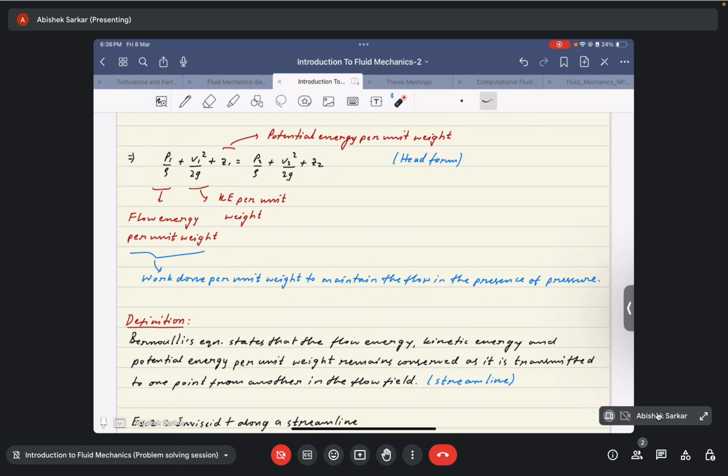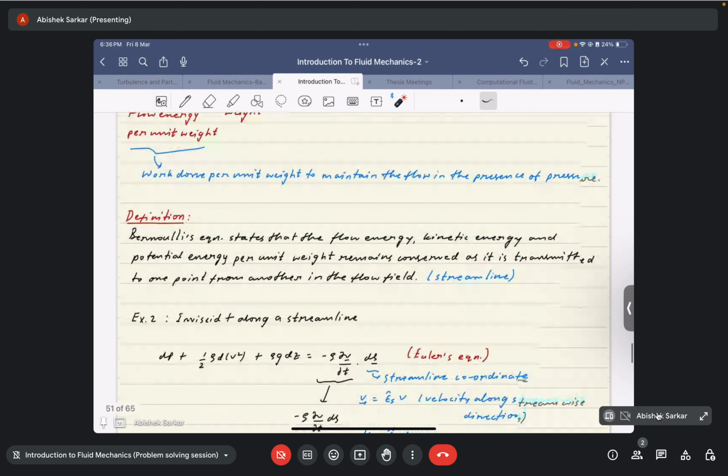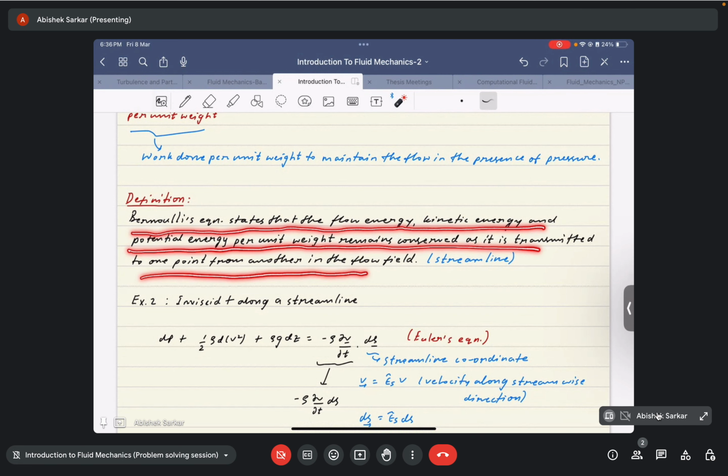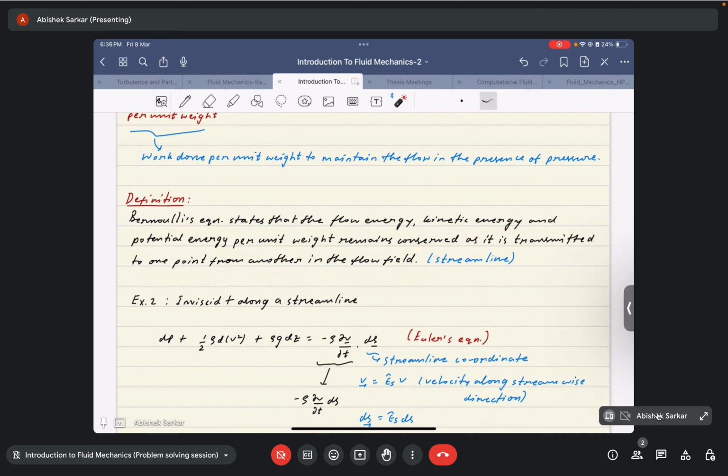By definition, Bernoulli's equation states that the flow energy, the kinetic energy, and the potential energy per unit weight remain conserved as the fluid is transmitted from one point to another in a flow field, in this case along a streamline. So that's the definition.